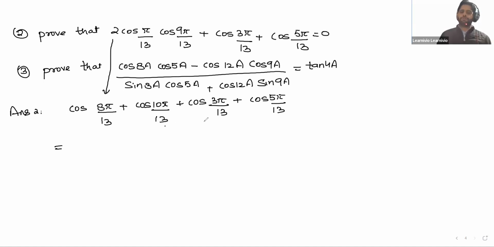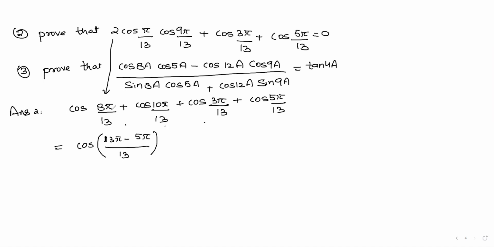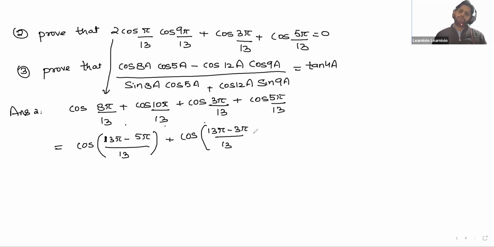So there is a relation between these two and these two. In place of 8 pi, we can write 13 pi minus 5 pi, which is 8 pi. And in place of 10 pi, we can write 13 pi minus 3 pi by 13.